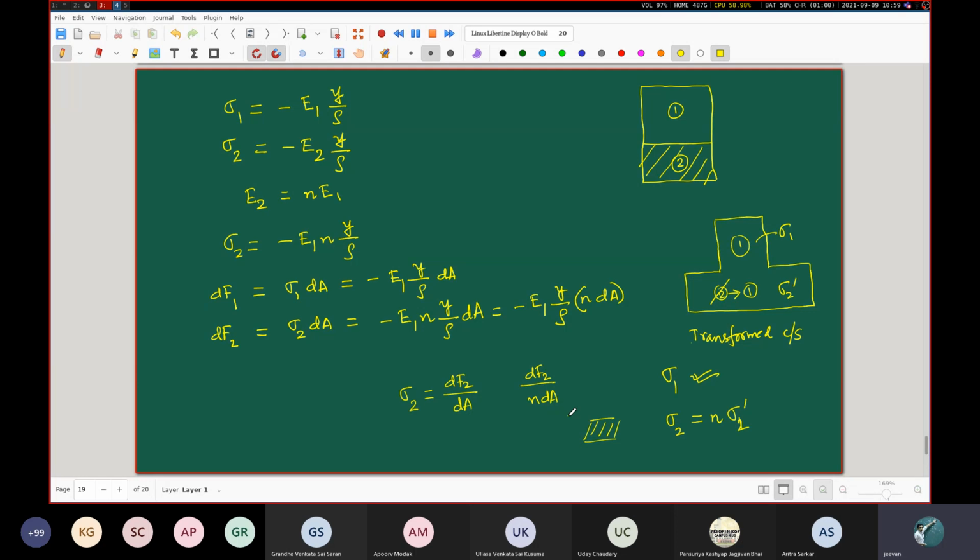In order to go from sigma 2 dash to sigma 2, you have to cancel out this factor n. That is why you have to write sigma 2 equal to n times sigma 2 dash. That's the reason. Once you do that, the value that you obtain will be the actual value to put down as your answer for material 2.